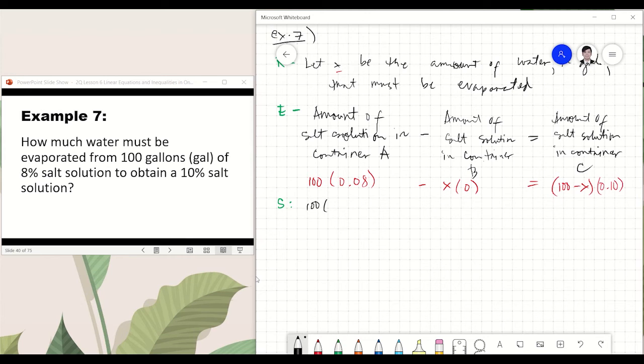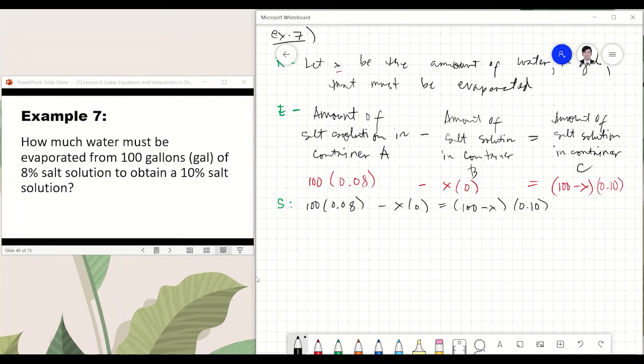So, we have 100 times 0.08 minus x times 0 is equal to 100 minus x quantity times 0.10. Yung 100 times 0.8 magiging... okay, ganito, para mas maging madali.